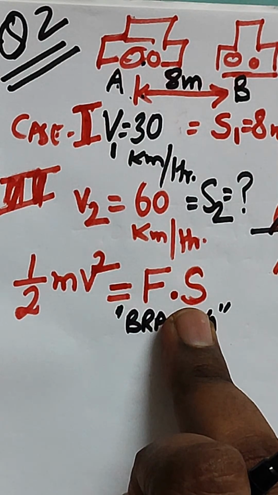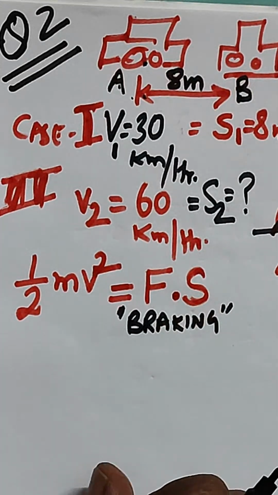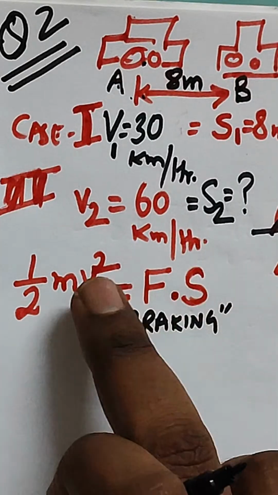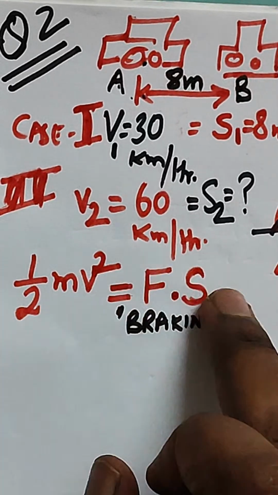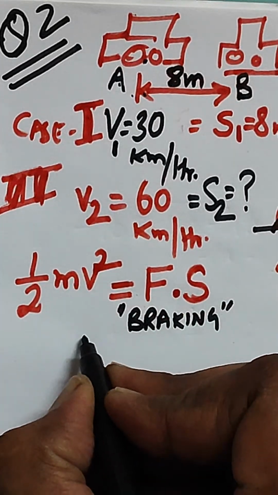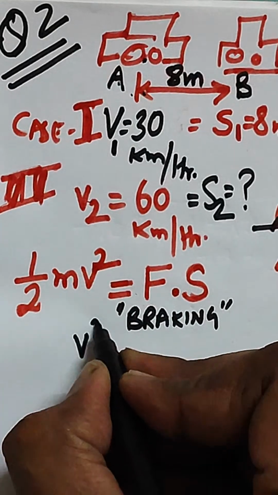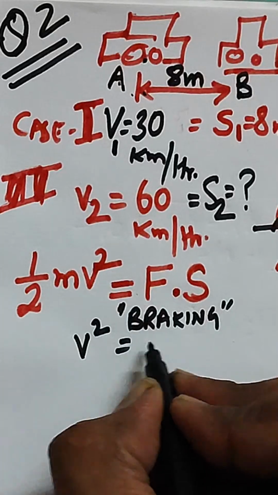And from here we can see that S can be said as directly proportional to v square.